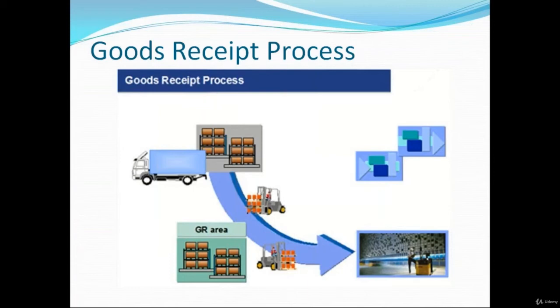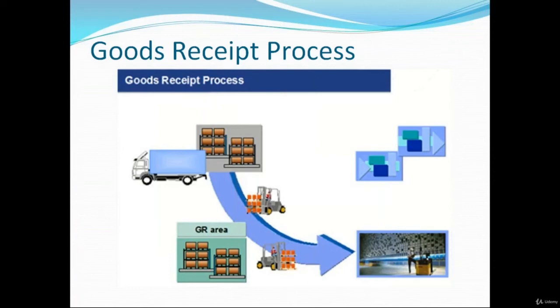So moving on to the good receipt process in the SAP warehouse management system. This picture basically shows the actual good receipt process in the warehouse management system. In the good receipt cycle, initially you will be creating the purchase order. The purchase order will be created in the SAP system using the transaction code ME21N.